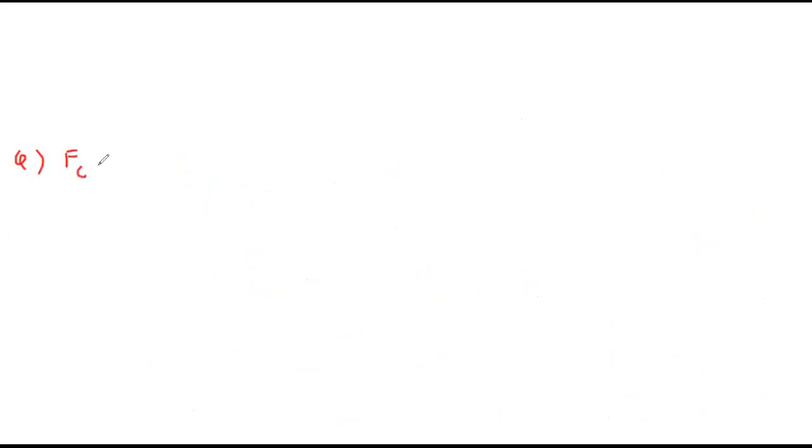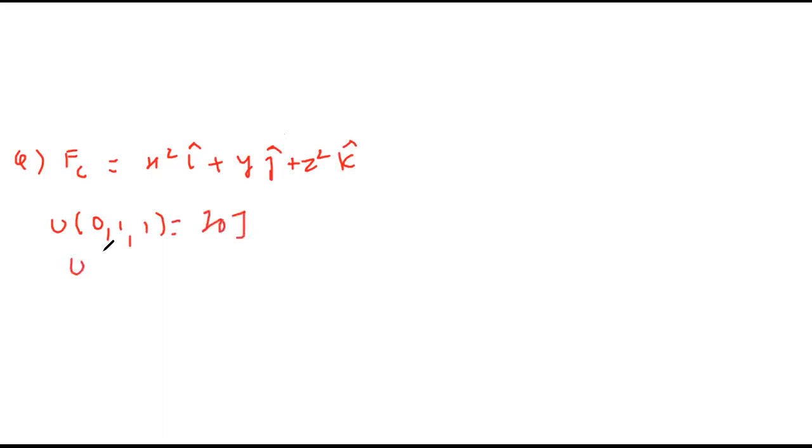If the conservative force is x square i cap plus y j cap plus z square k cap, and U at (0, 1, 1) is 10 joule, then what will be U at (2, 3, 2)?